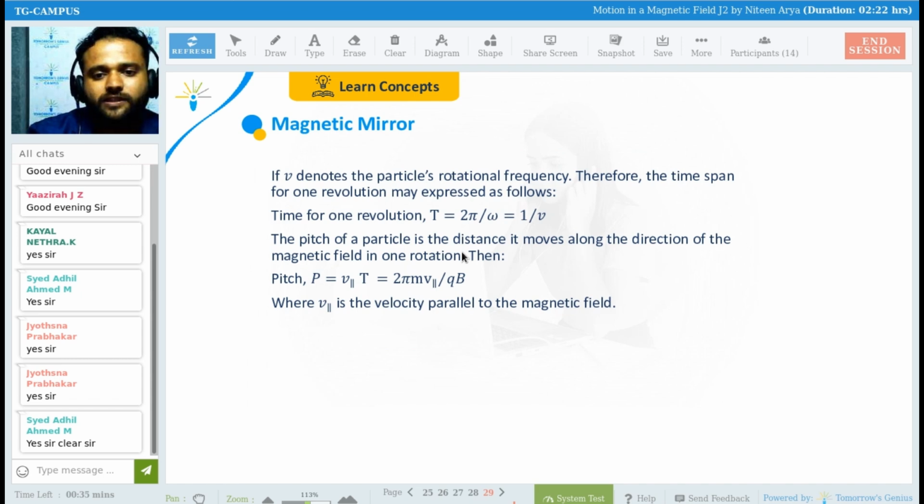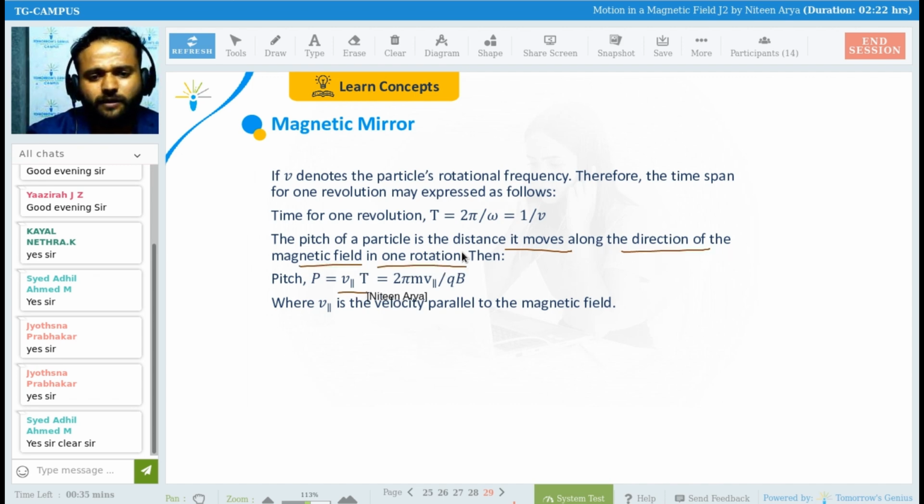If we denote the particle's rotational frequency, T equals 2 pi by omega, and 1 by f, the pitch of the particle. We already discussed helical pitch and helical velocity. The pitch of a particle is the distance moved along the direction of the magnetic field in one rotation.